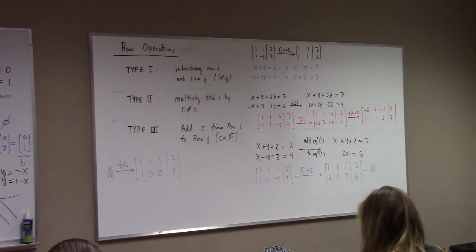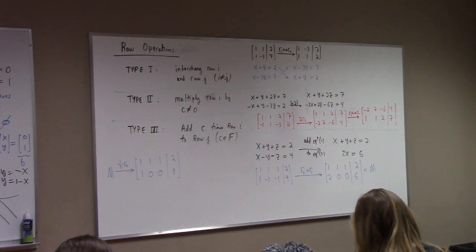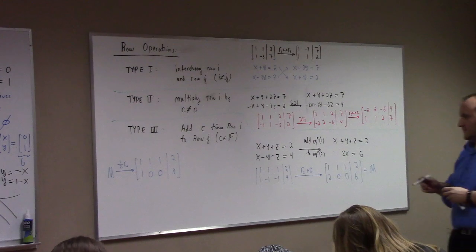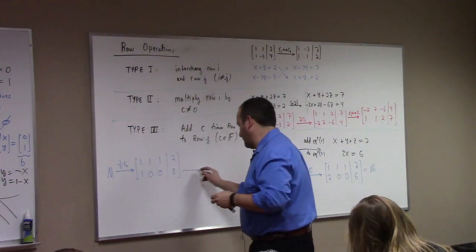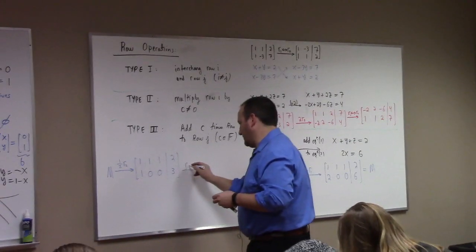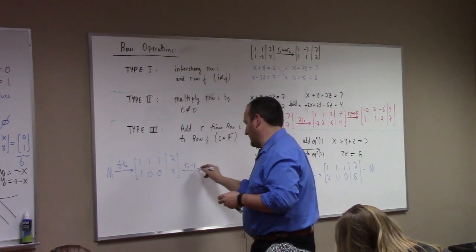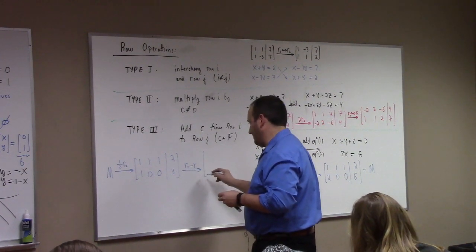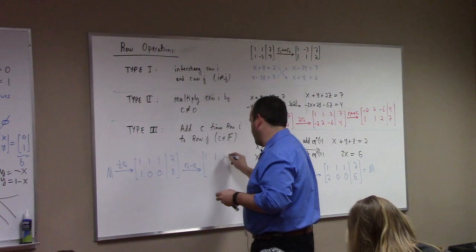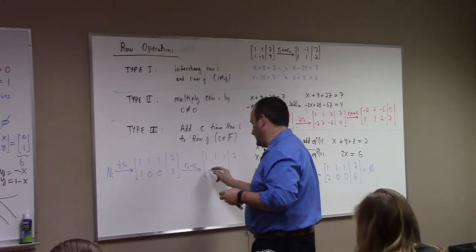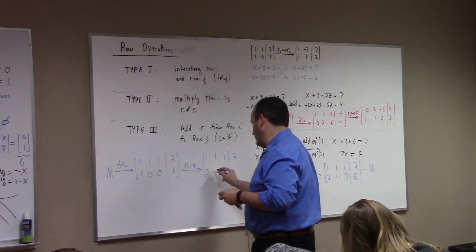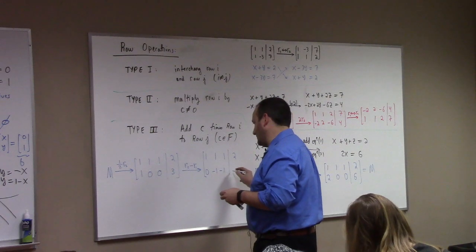Then how about I swap rows? Or what do you want me to do here? How about I subtract? Let's do this. Let's subtract row 2 minus row 1. What's that going to give us? 1, 1, 1, 2. Yeah, 0, minus 1, minus 1, 1.